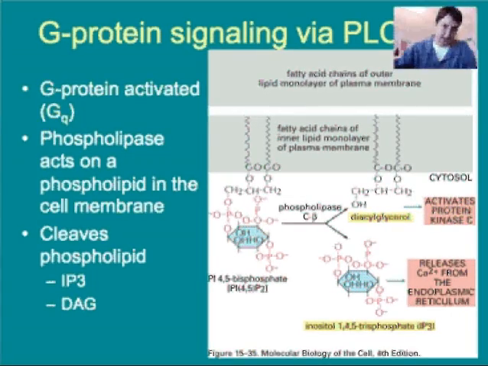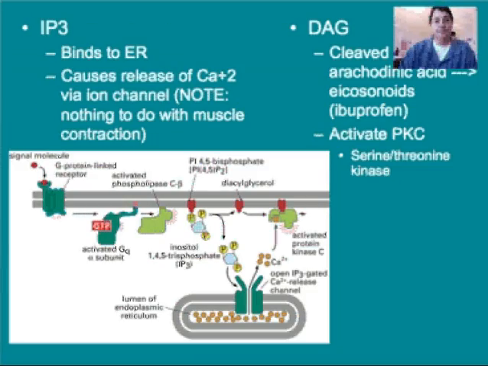Diacylglycerol still has the fatty acid chains that linked the phosphoinositide to the plasma membrane, and it has a diacyl glycerol molecule still attached to it. So this is a molecule that's going to remain bound to the membrane, but it also causes downstream signaling. IP3 is really important. We know a lot about IP3, and we can mimic the activity of IP3.